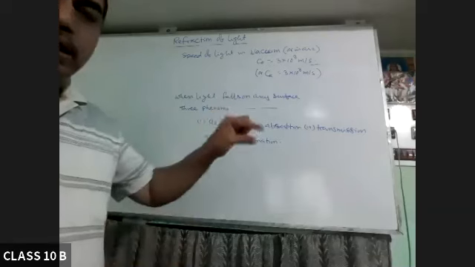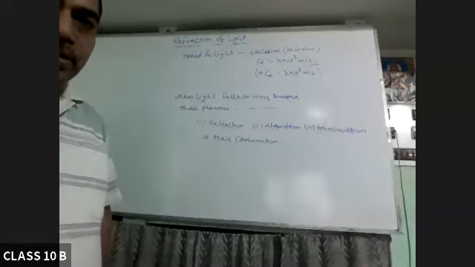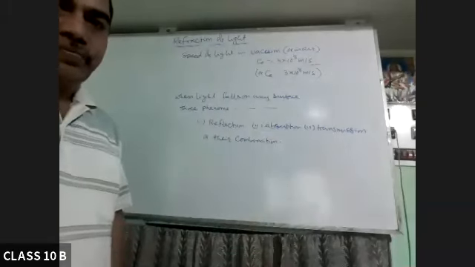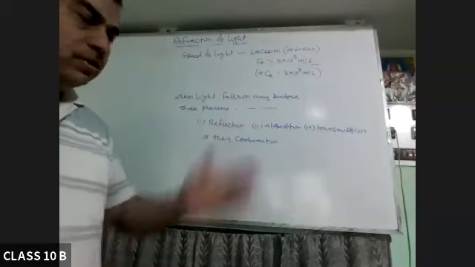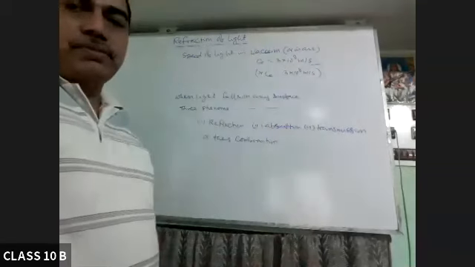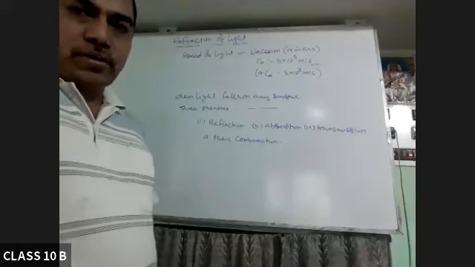That means the smoke is able to reflect some light. So if light is reflected, then only that object will be visible. If it is not reflecting, the object is invisible. So in this case, in air, all light is transmitted only. No reflection, no absorption, we can say almost.